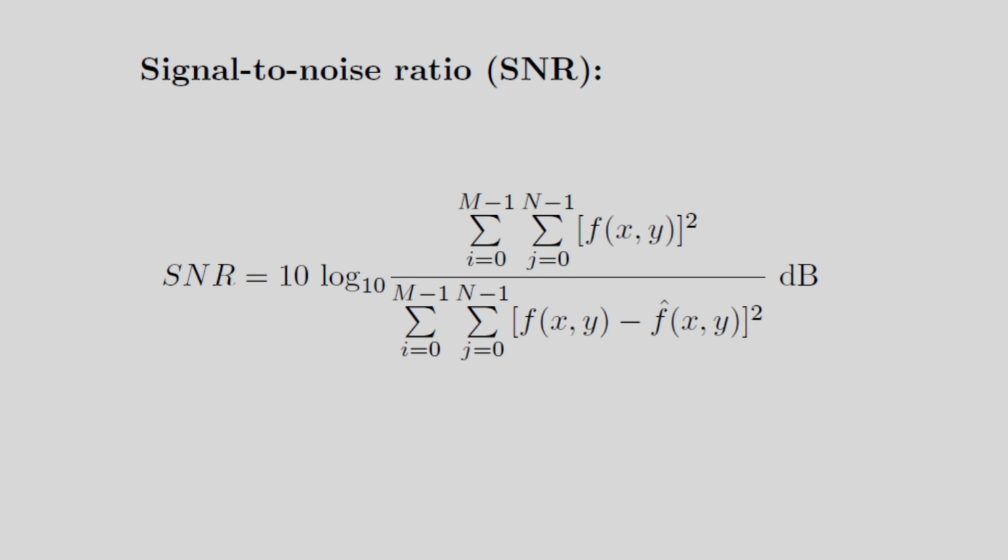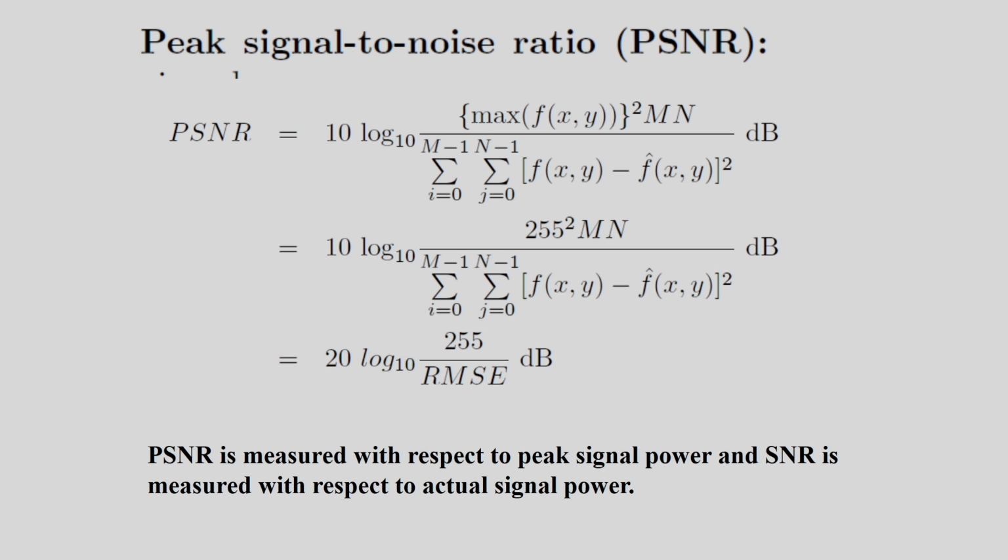Another measure is the signal to noise ratio, that you can determine by this expression. My input image is f(x,y), so I am getting the signal power here, and the difference between these two is nothing but the noise. So, I am considering the signal divided by noise, that will give the signal to noise ratio. And another one is the peak signal to noise ratio, PSNR, and that also you can determine.